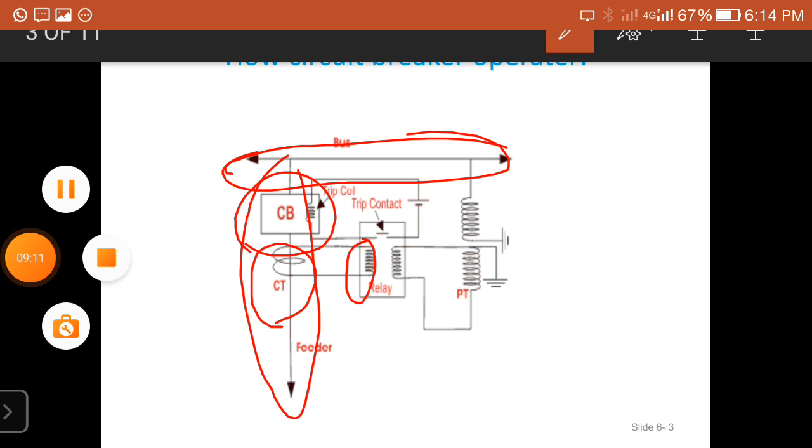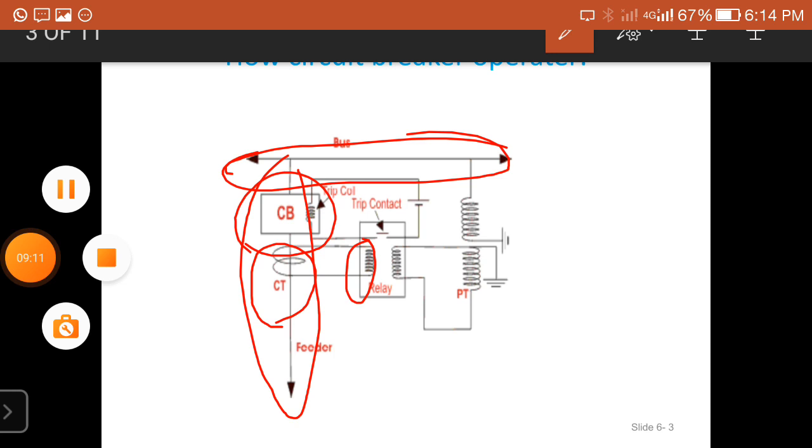Therefore, the relay coil MMF increases.